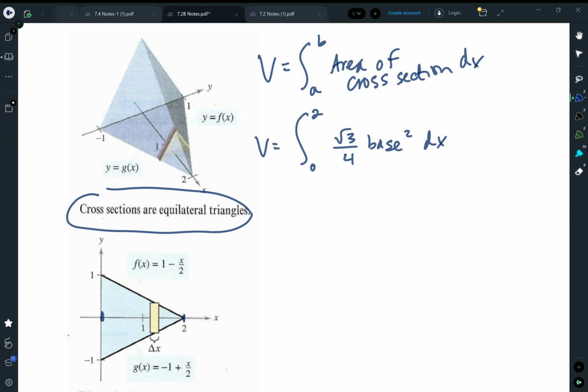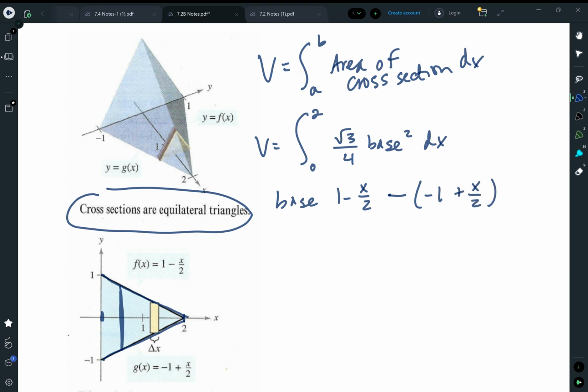The base is going to be my distance from one of these lines to the other line. My base is connecting those two graphs. So my base is going to be the top one, 1 minus x over 2, minus the bottom one, which is negative 1 plus x over 2.